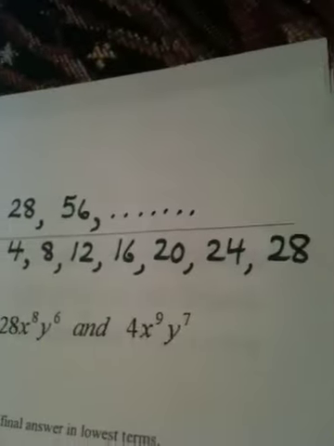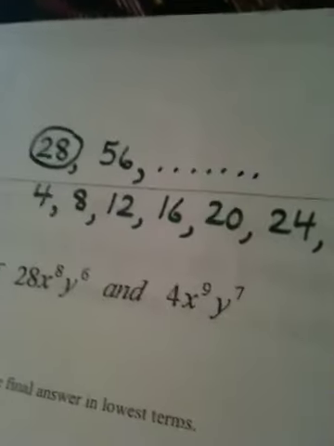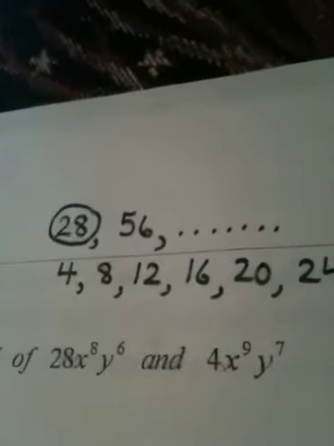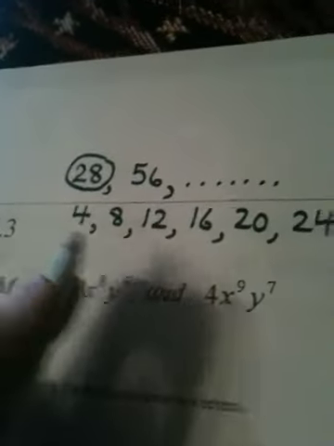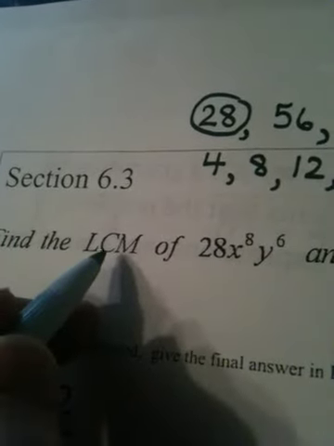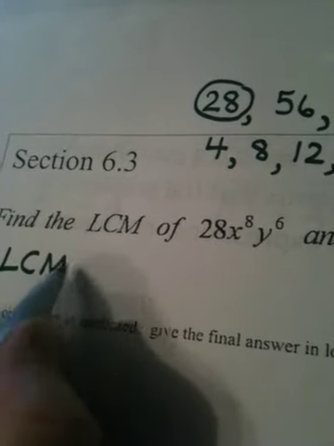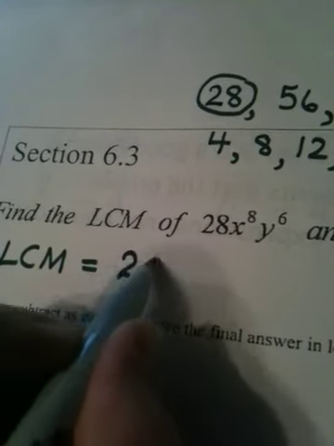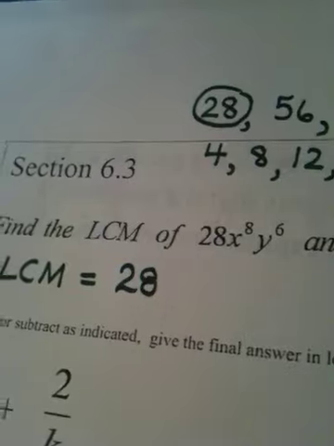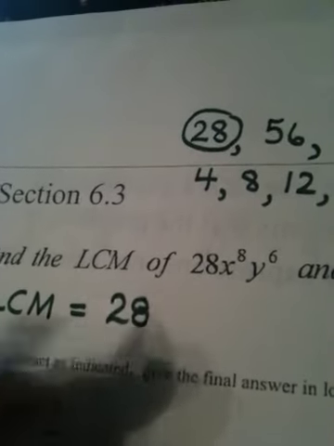Bingo, let's stop there. The number 28 is the smallest number in both lists. So that means they both have 28 in common as a multiple, and it is the least common multiple. So we know 28 is the number that works.